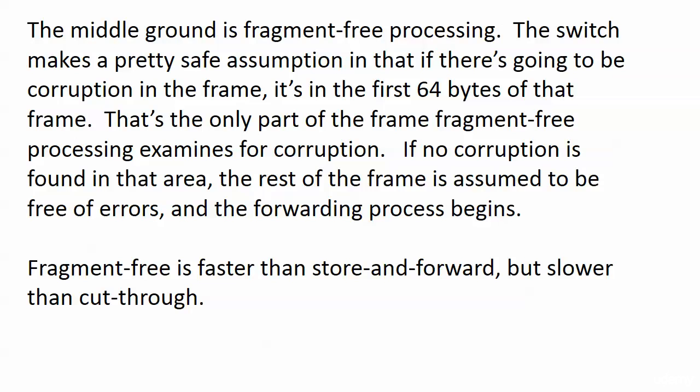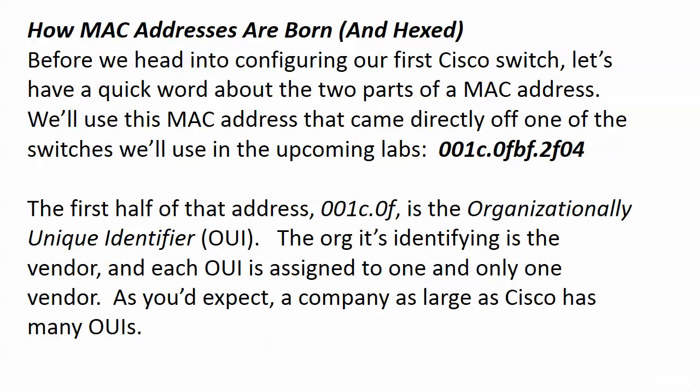And as far as speed goes, fragment-free is faster than store and forward, but slower than cut-through. Makes sense. So that's your frame processing. Those are your three frame processing methods. I would know which one's fast, which one's slow, which one gives you the best error detection, which one gives you the least, and which one is the middle ground in both of those areas.